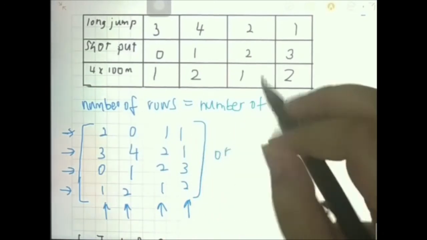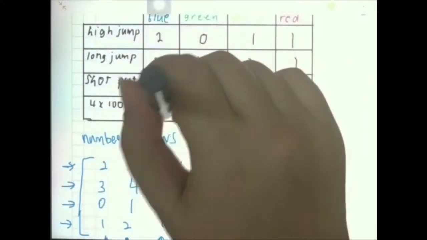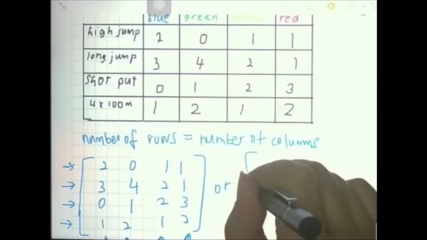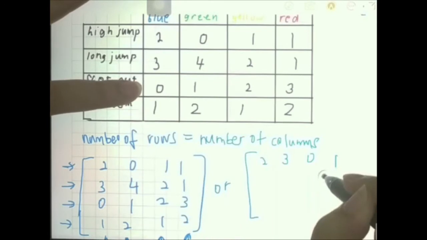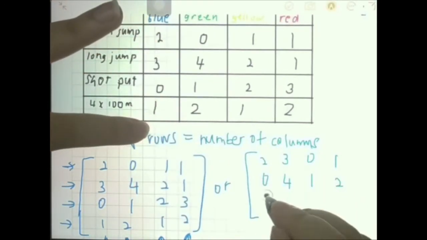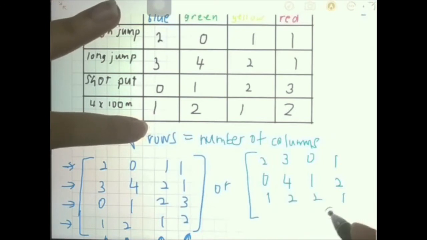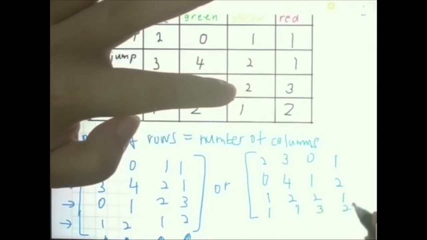But we can also change the placing a little bit. We can also write it like this. Instead of going vertical like this, we can make it horizontal. So we write it like this: 2, 3, 0, 1, 0, 4, 1, 2, 1, 2, 2, 1, 1, 1, 3, 2.